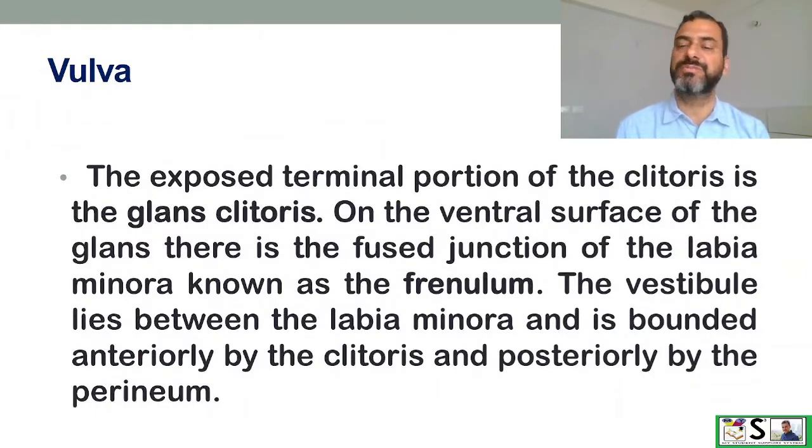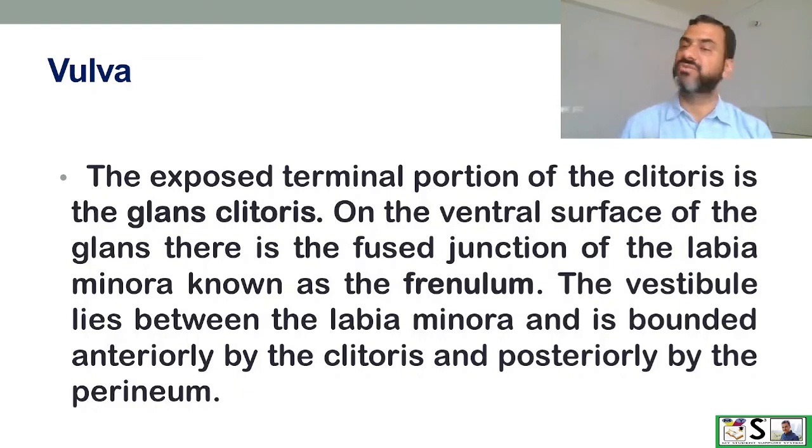The exposed terminal portion of the clitoris is glans clitoris. On the ventral surface of the glans clitoris, there is a fused junction of a small skin fold, and that attaches with the labia minora, and this is known as frenulum.